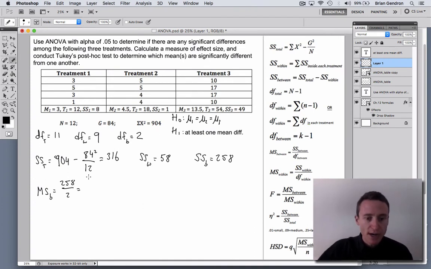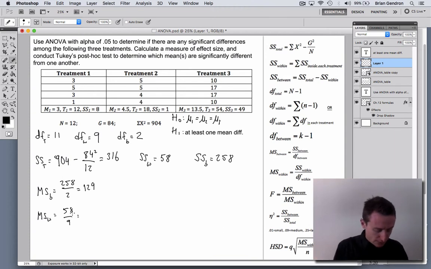And that's 129. And then MS within is SS within divided by DF within. So 58 divided by 9. 6.44.